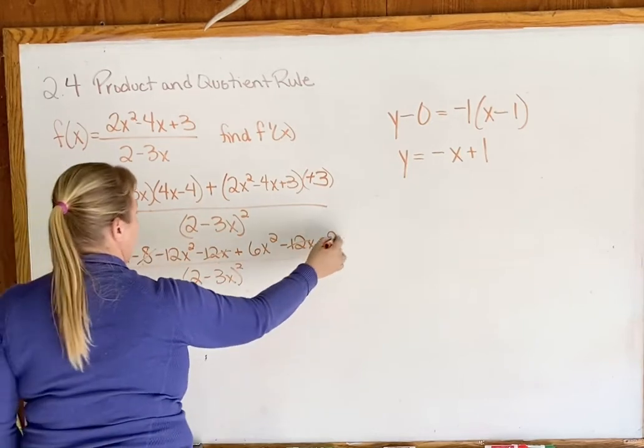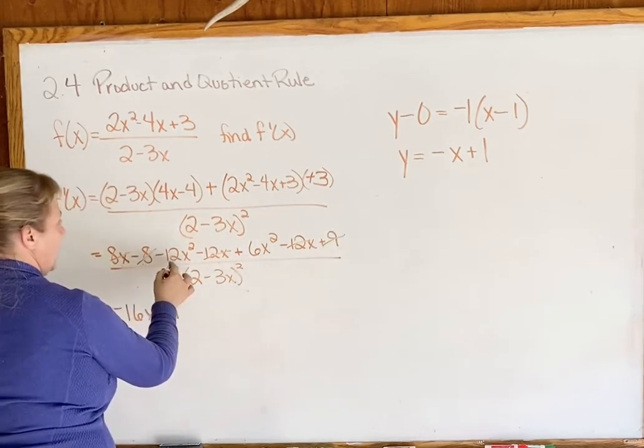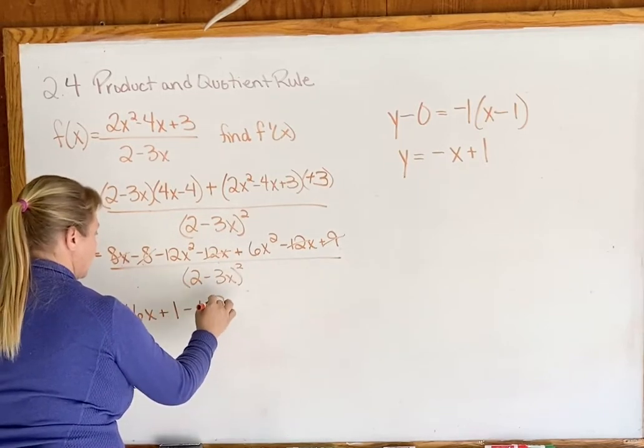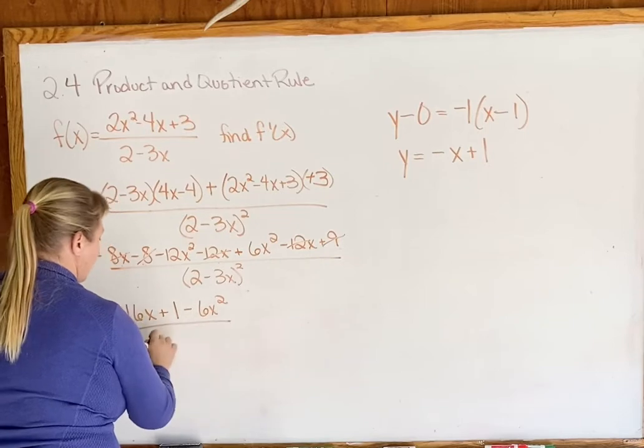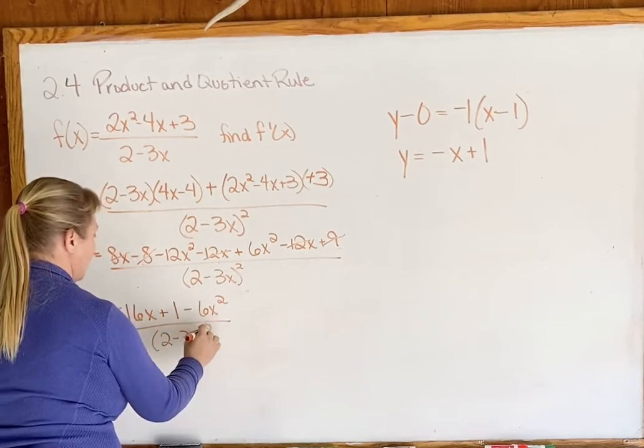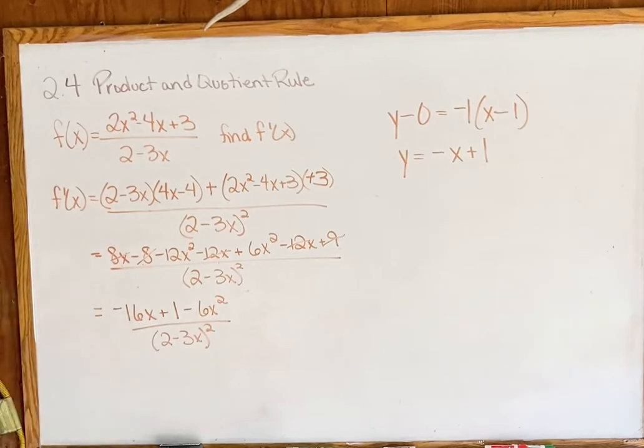And then finally, we're going to have minus 12 plus 6, so we'll have minus 6x squared. I know some of you might look at that and go, ugh, it's out of order. But you know what? I'm lazy. They just said simplify it. We simplified it. I'm not going to put it back in any particular order. It's ugly, but it's good.